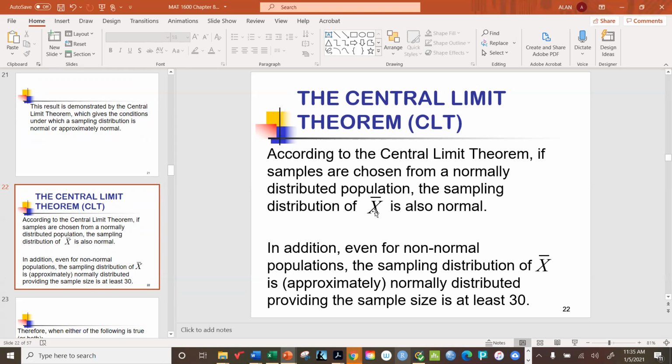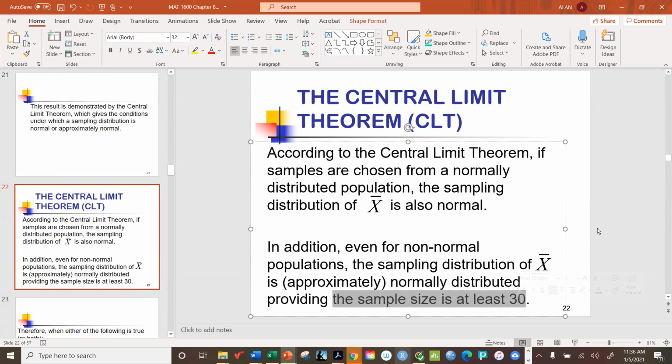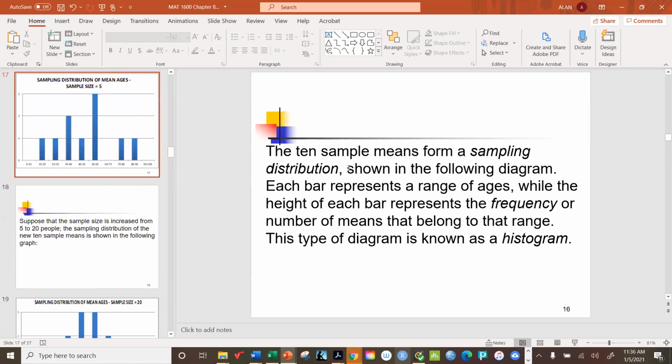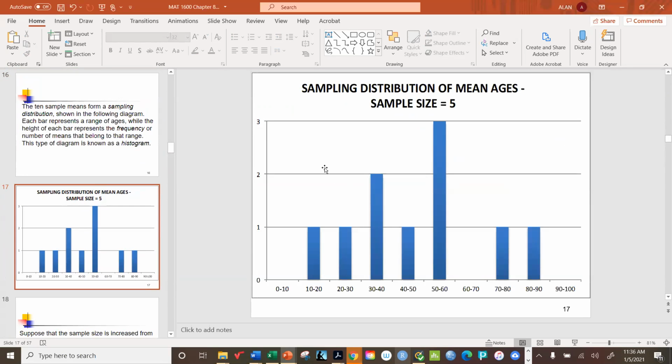But if they're not normal, or if we're not sure, then as long as the samples themselves are at least 30, that's the cutoff point, 30. Once we hit 30, no matter what the underlying population is, X bar will still be normal. So in these two cases I showed you before, with such small samples, unless we know for a fact that the underlying population is normal, there's no guarantee that these X bars are normal.